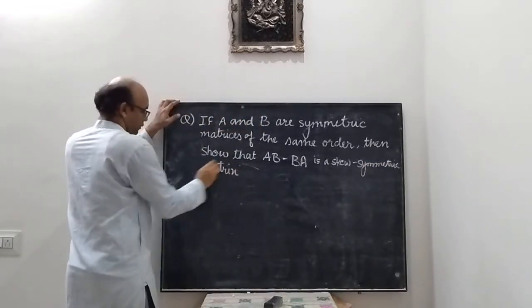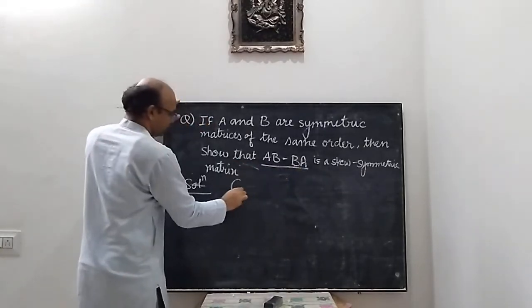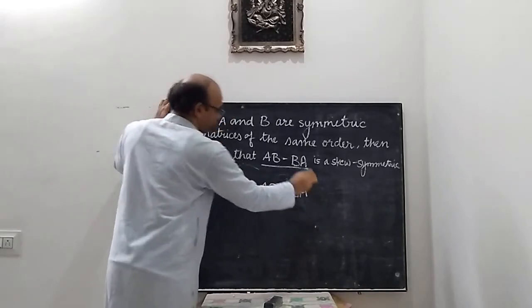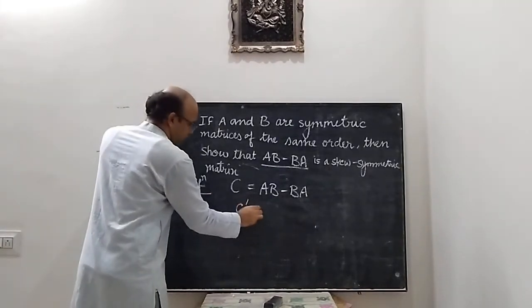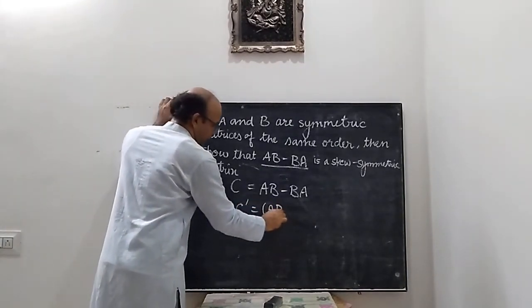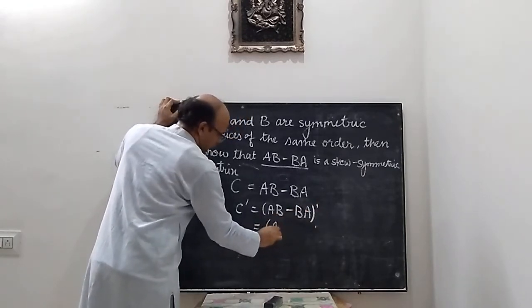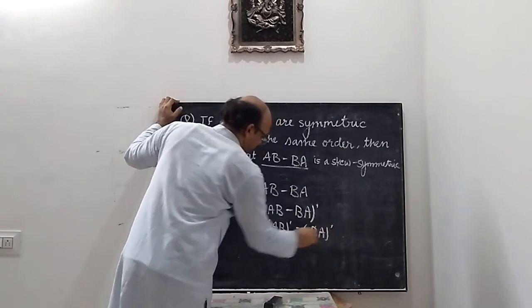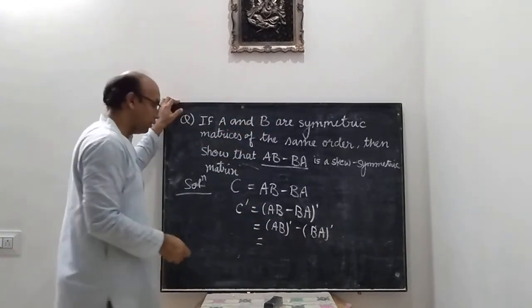Again we take this matrix as C, and to check whether it's a symmetric or skew symmetric matrix, we have to take its transpose. So C transpose is (AB minus BA) whole transpose. You have (AB) whole transpose minus (BA) whole transpose. We use the reversal law.